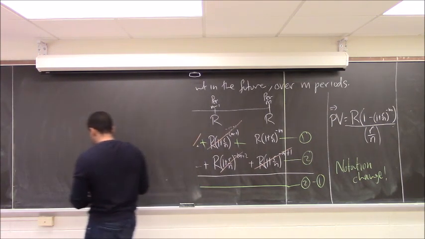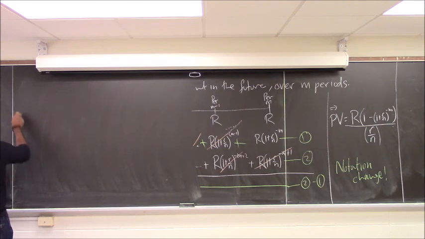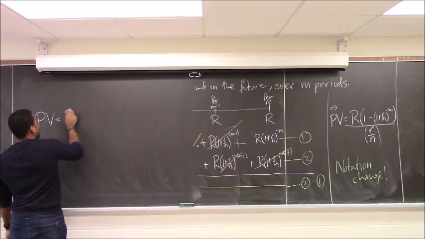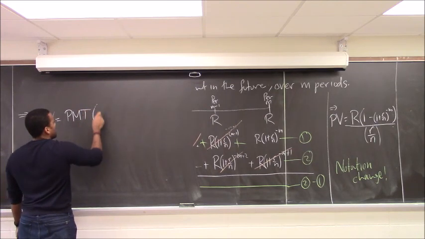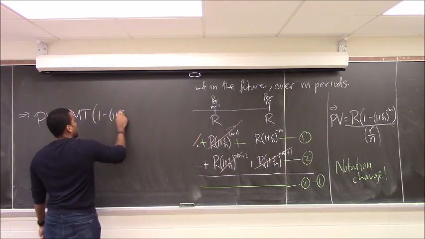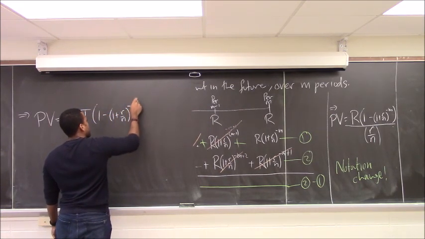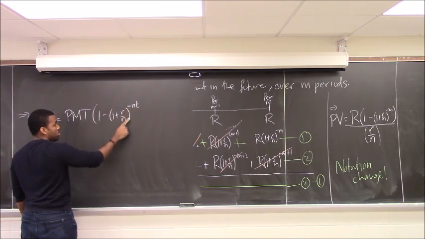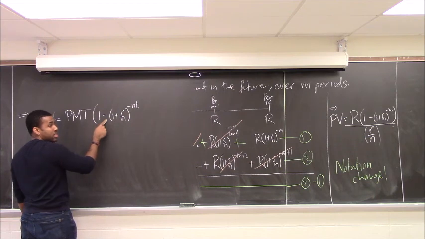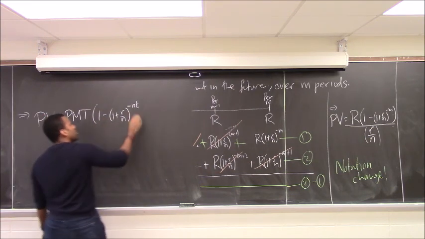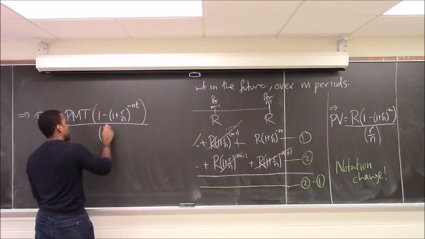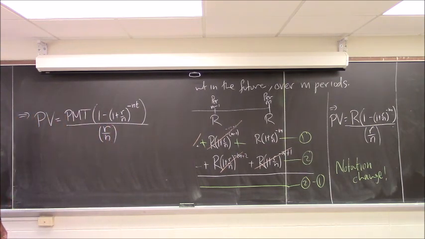And so this pretty much becomes PV equals payment times 1 minus 1 plus R over n to the minus nt. Don't forget that, because if you forget that, this number here is going to be bigger than 1, and your 1 minus that is going to give you a negative number. And we get this formula.